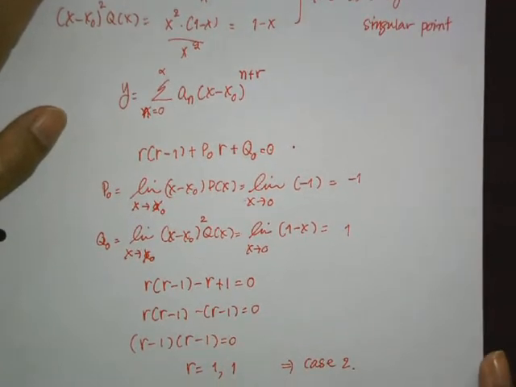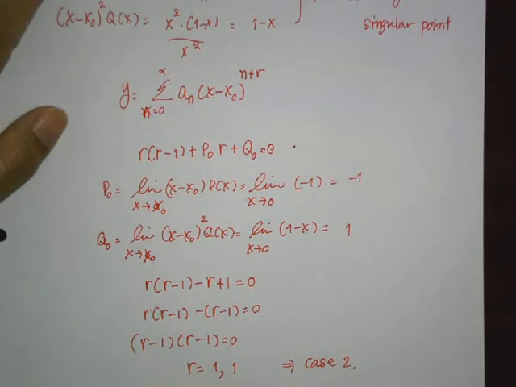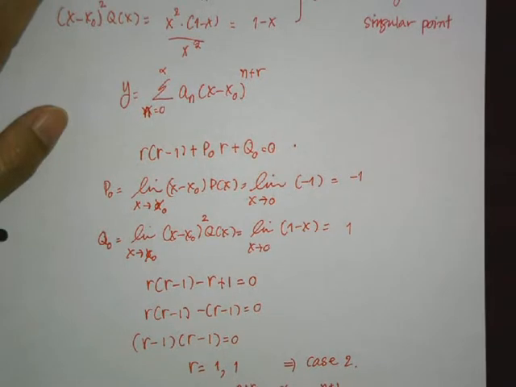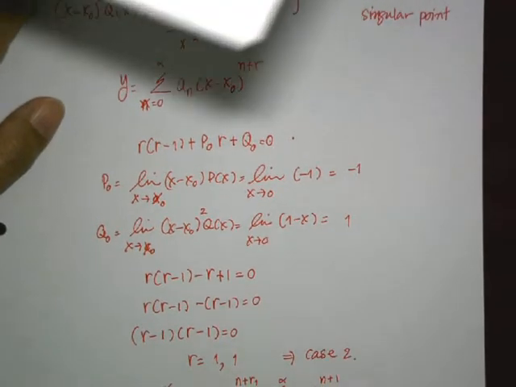For case 2, we know that our y1 is equal to the Frobenius series, and our y2 is equal to y1 ln(x minus x0) plus the summation from n equal to 1 to infinity of b_n (x minus x0) to the power of n plus r1, where b0 must not be equal to 0.